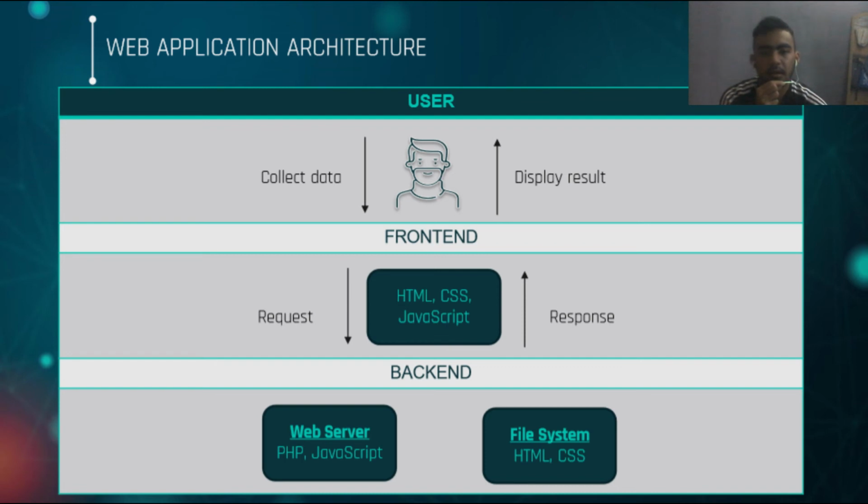Next, we have the back end, also known as the server side of the app. It is the part which is not accessible by the user. It stores and manipulates data.